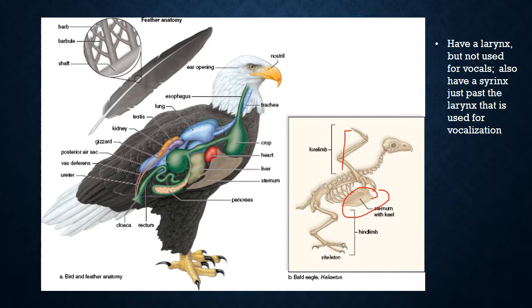They do have their nostrils and lungs. Just when you're looking at all of this, you notice that all the features are pretty tiny, except for their muscles. They have large muscles. And of course they have their feathers that have a shaft with barbs and barbules. And I think we're going to take a look a little bit at feather anatomy in just a minute.